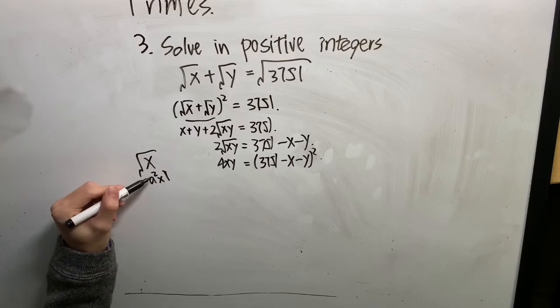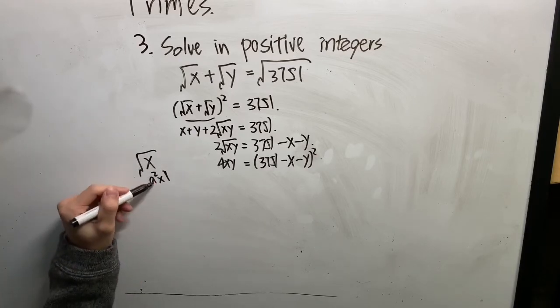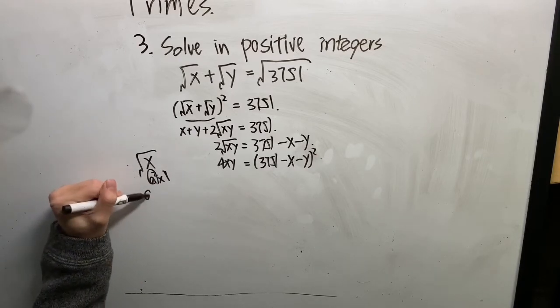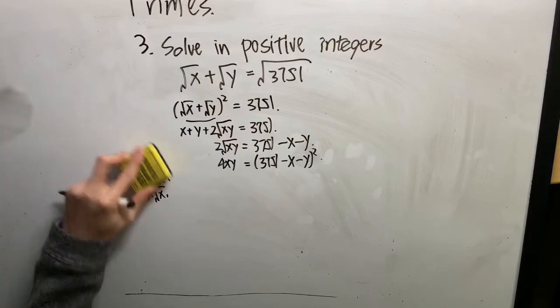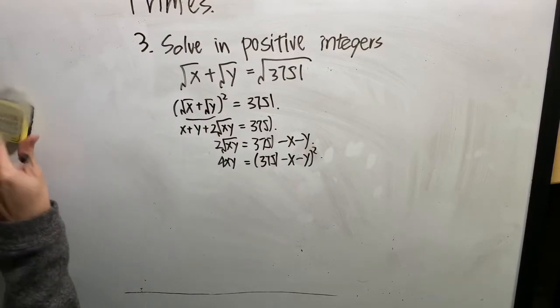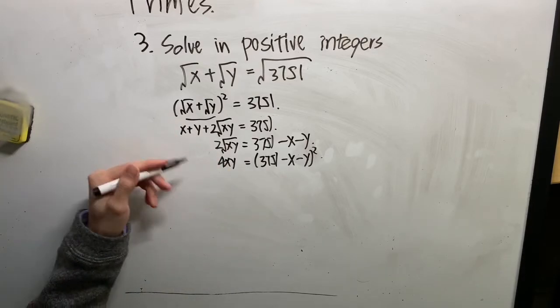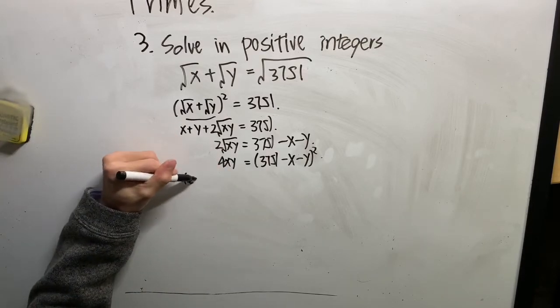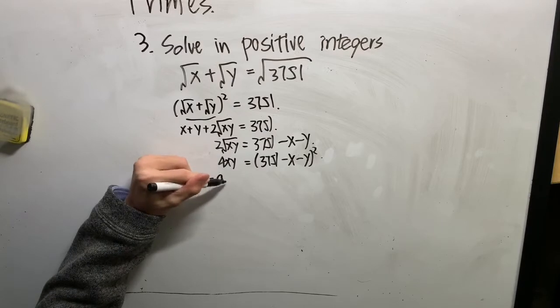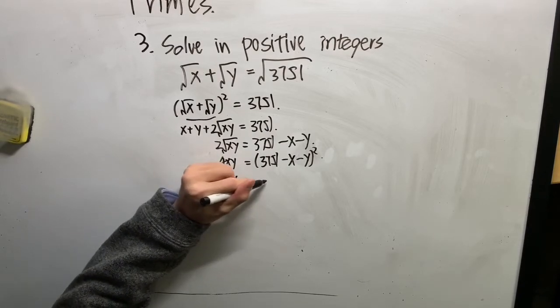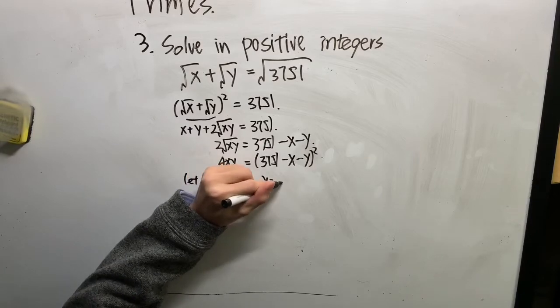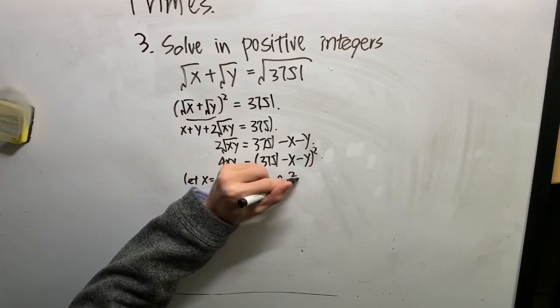So you can move the a squared out of the root, and it becomes a root x1. Let's see whether xy has this property or not. So let x equal a1 squared x1 and y equal a2 squared y1.